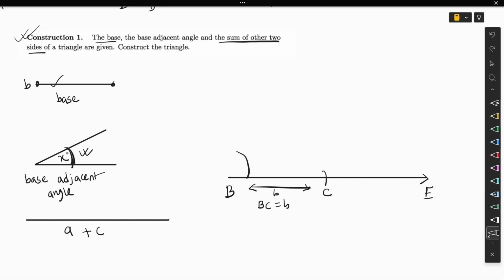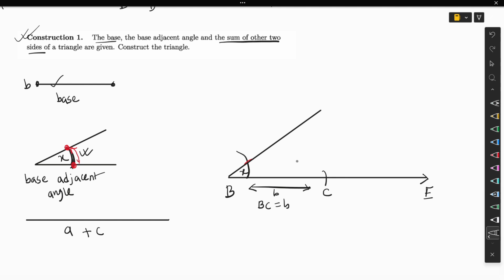Then we take these two points, take this inner measurement and cut it here. So we'll get an angle like this. It may not be exactly equal to x, but let's say this is x.